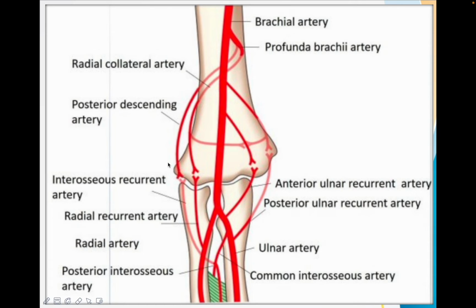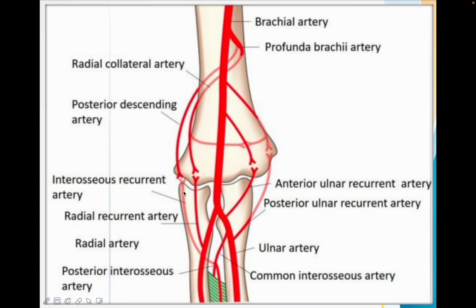Now behind the lateral epicondyle, there is an anastomosis between the posterior descending branch, because it is behind, of the profunda brachii and another branch coming from the upper part of the ulnar artery. The ulnar artery gives a branch known as the common interosseous artery, which divides into anterior interosseous and posterior interosseous, and the posterior interosseous finally gives the interosseous recurrent.